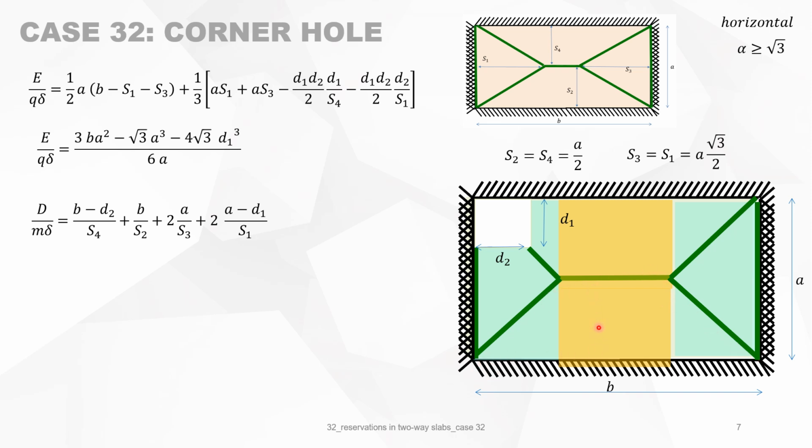times M divided by S2, and then this is A divided by S3. This is also A projected on this axis, A divided by S3, and then we got this yield line that is cut, so you have the length from there to there, which is A minus D1, and we got that 2 times divided by S1.